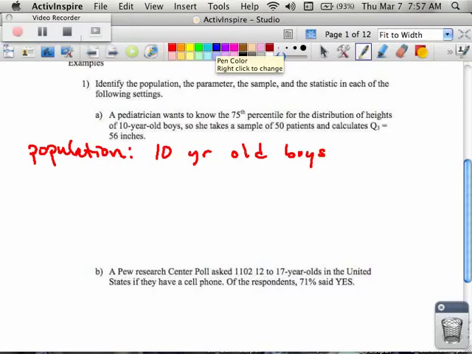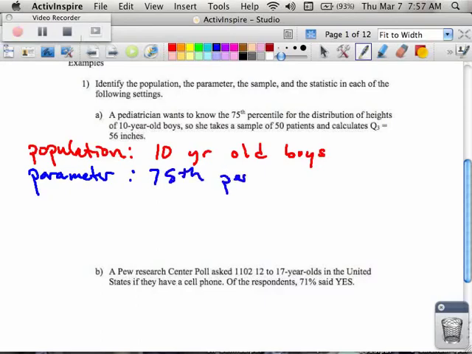And then next, let's talk about the parameter. Remember the parameter. Percentile. 75th percentile. How about then, the next thing was they want to know what the sample was going to be.